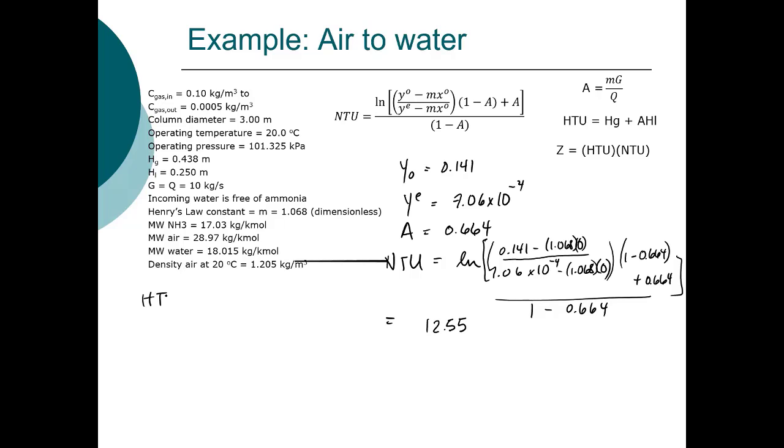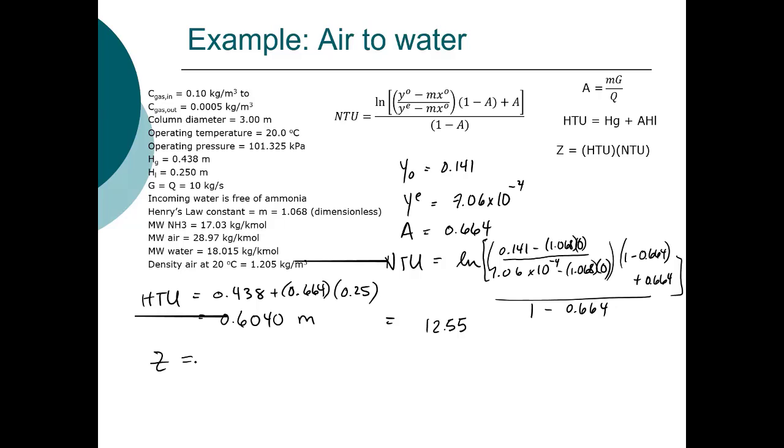So the height of the transfer unit is equal to, we said Hg, and Hg is equal to 0.438 plus A, 0.664 times H sub L, which is 0.25, and that is equal to 0.604. And that is in meters.